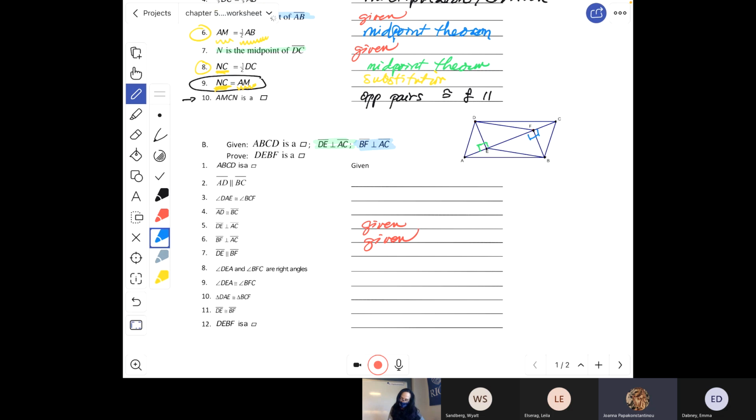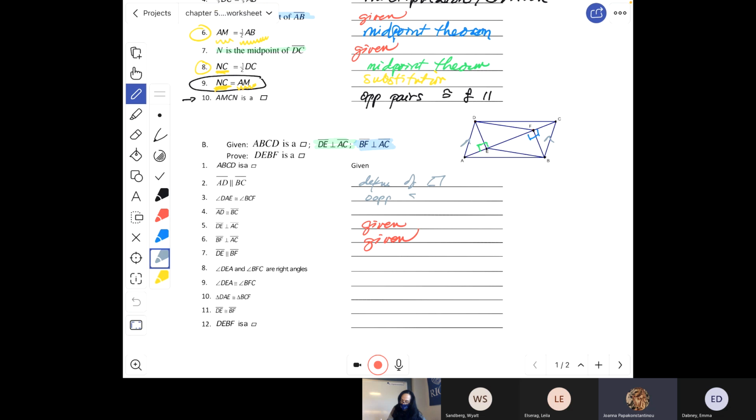Okay, shall we talk about the justification for these? Okay, how do we know that AD is parallel to BC? Yes, the definition of a parallelogram. And so since AD is parallel to BC, and I see that AC, then how can we say that angle DAE is congruent to angle BCF? Okay. Well, not alternate interior, right?